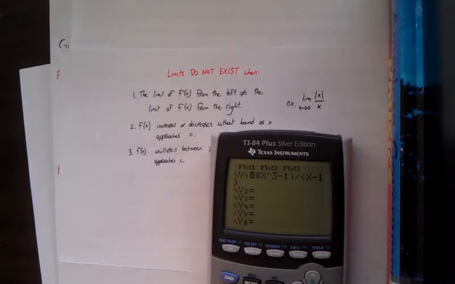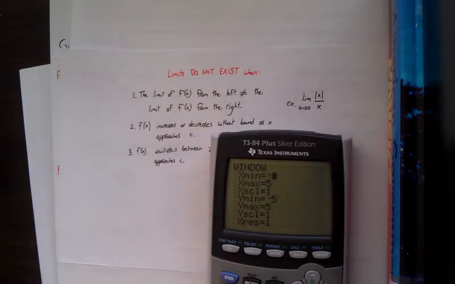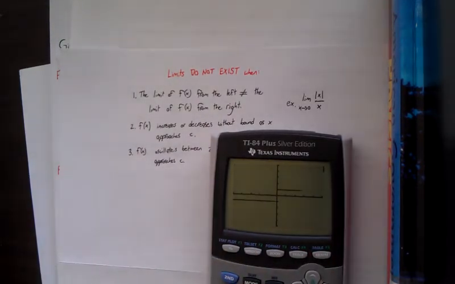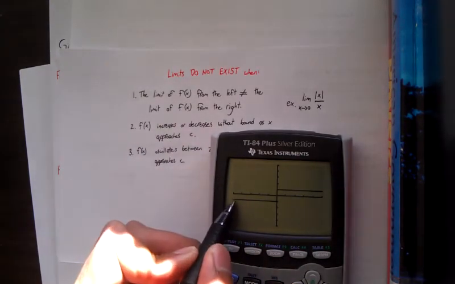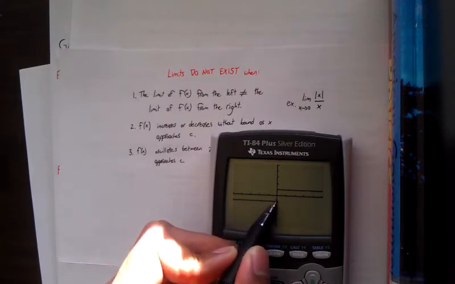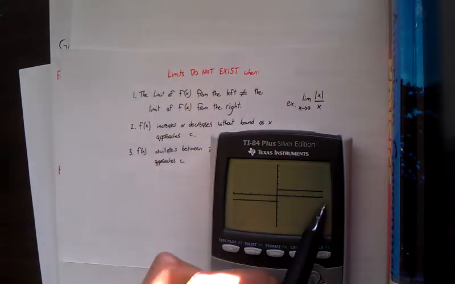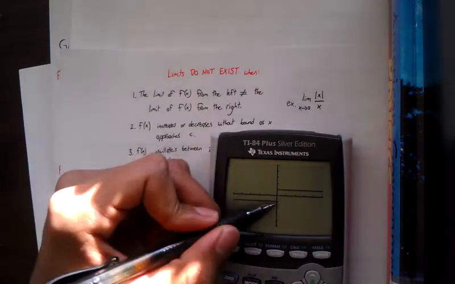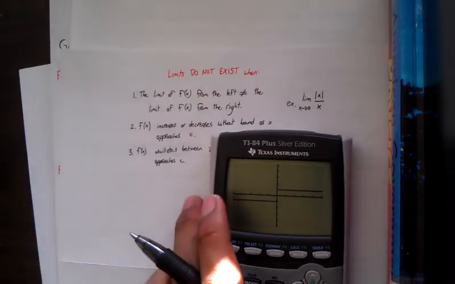If you graph that one, you'll be able to see that at 0, the limit of f of x from the left, from the negative values, is approaching -1. But if you approach 0 from the right, it's approaching 1. And since -1 does not equal 1, the limit does not exist.